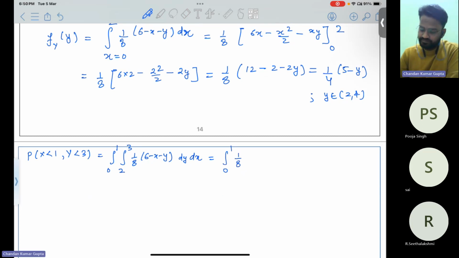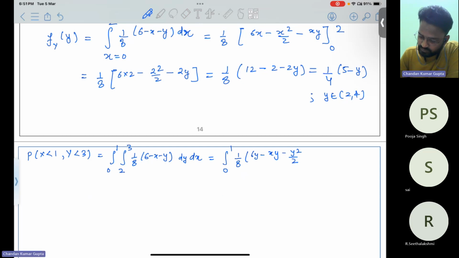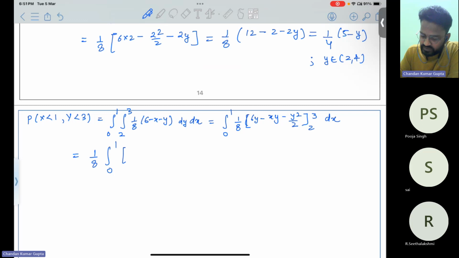So it is 1 by 8, integral of 6y minus xy minus y square upon 2 from 2 to 3 dx, which is 1 upon 8 integral 0 to 1. When we put the value of 3, it is 18 minus 3x minus 9 by 2 dx.